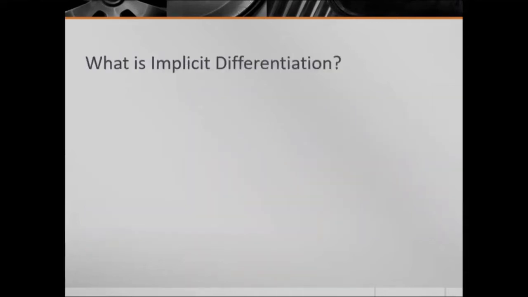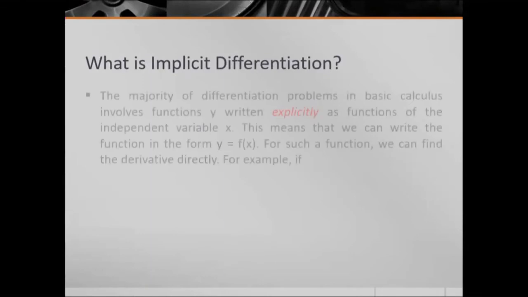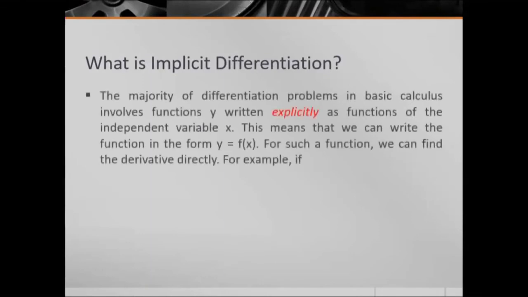What is implicit differentiation? The majority of differentiation problems in basic calculus involve functions y written explicitly as functions of the independent variable x. This means that we can write the function in the form y equals f of x. For such a function, we can find the derivative directly.